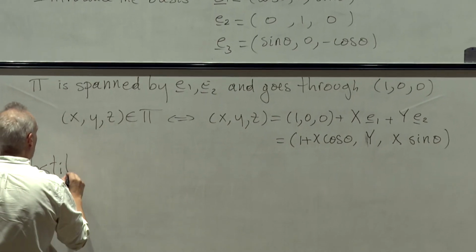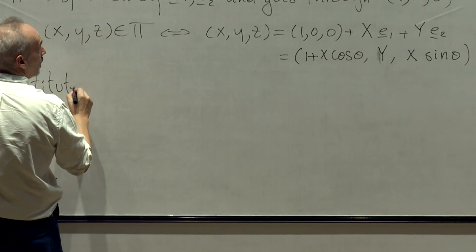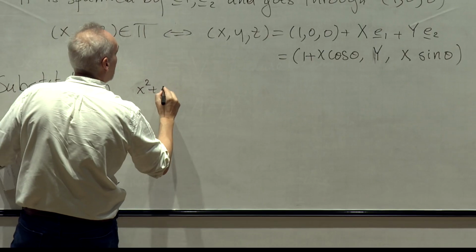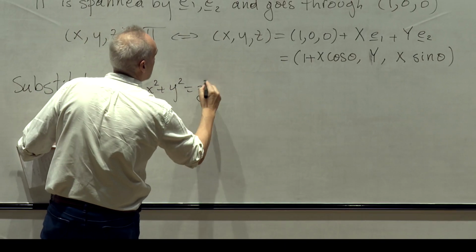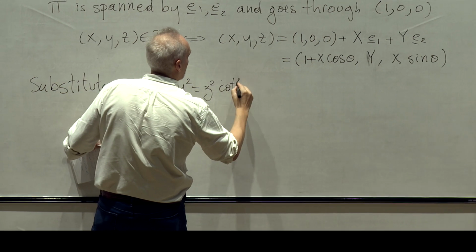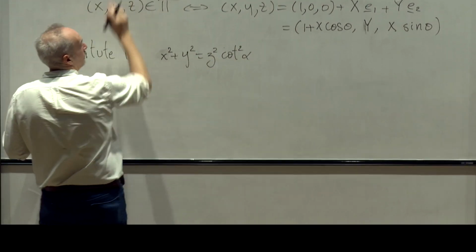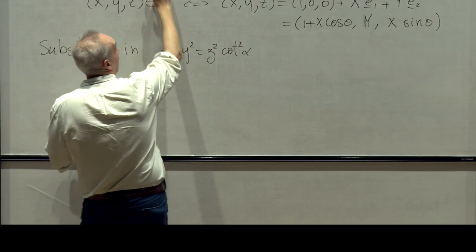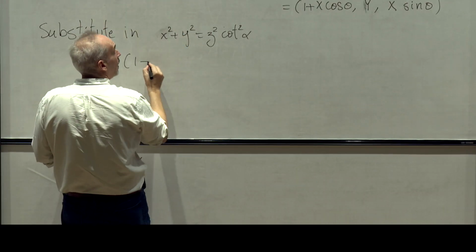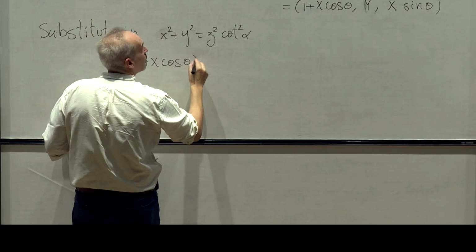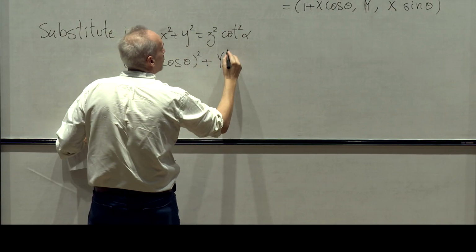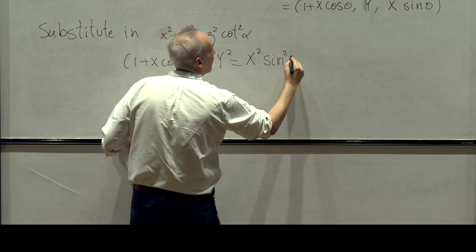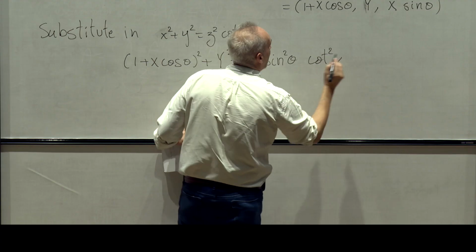Now I want to take the intersection with the cone. I substitute these coordinates in, okay, so it's little x squared plus y squared equals z squared cos alpha. But to obtain, (1 plus x cos theta) squared plus y squared equals x squared sine squared theta cos squared alpha.